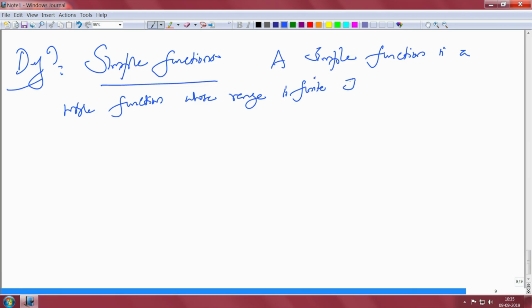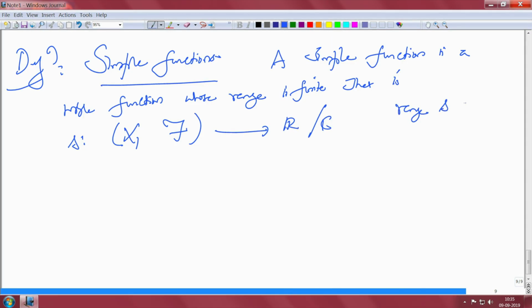That is, let us say I have a space X and a sigma algebra S. So, I look at real valued or complex valued, of course, range of S is finite. So, range of S will be finitely many elements from the reals or complex. So, let us say alpha 1, alpha 2, etc., alpha k.